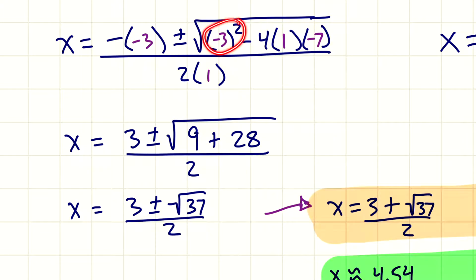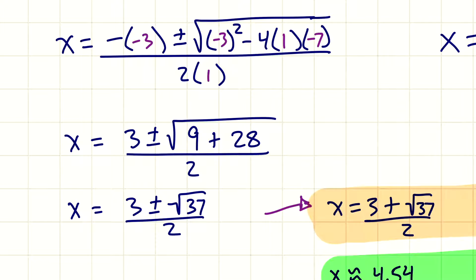So -3 squared gives us a +9, like I said. And then I have -4 times 1 times -7. If you can't do that in your head, sometimes they're easy numbers, sometimes they're not, I would suggest even typing that into a calculator.